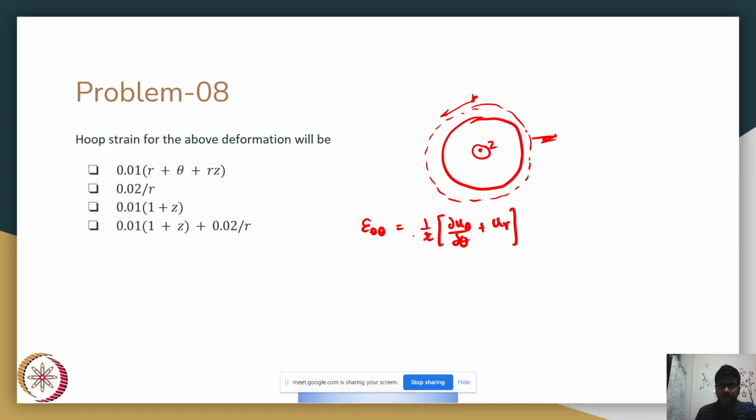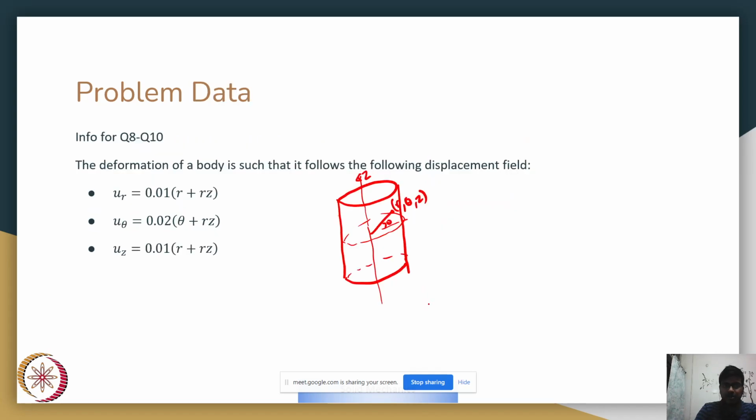Okay. Now u theta is nothing but 0.02 theta plus r z. Therefore, dou u theta by dou theta would be 0.02, and ur by r would be nothing but 0.01 times 1 plus z. So if, okay.